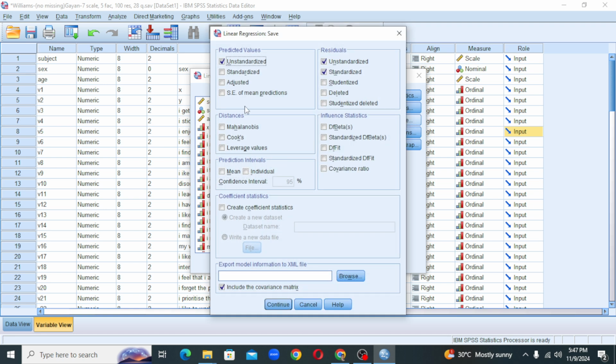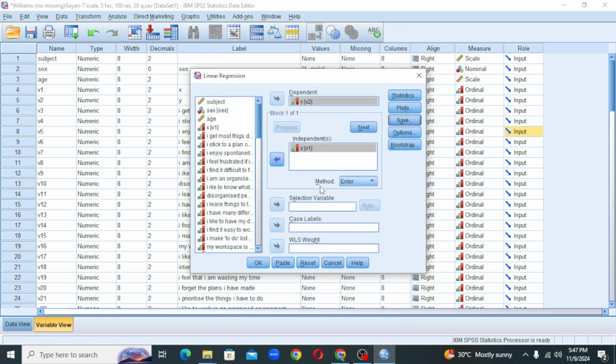Then under Save, you have to select unstandardized values under Predicted, which we will use for checking homogeneity. Thereafter, under Residuals, select unstandardized in order to ascertain normality. Then select standardized in order to check the outliers. We will not be selecting Mahalanobis and Cook's distances, as these are mainly for multiple linear regression. So press continue and then OK.